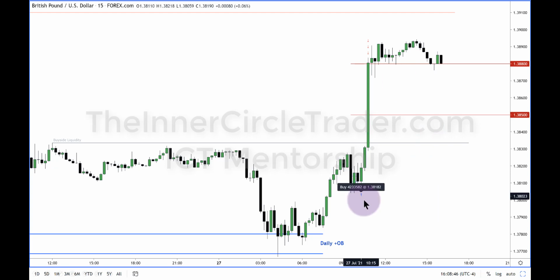My entry was here, trading at 138.18 and 2 pipettes. I was trying to get in below that 20 level. Okay, so while we were trading down in this candle here, not on the highs as it was starting to trade back down, I wanted to get in just below that 20 level, knowing that if it runs above here, it could spread its wings to the mid-figure 50, and ultimately it can go to 80, but I want to be out before it gets there because it might fail.